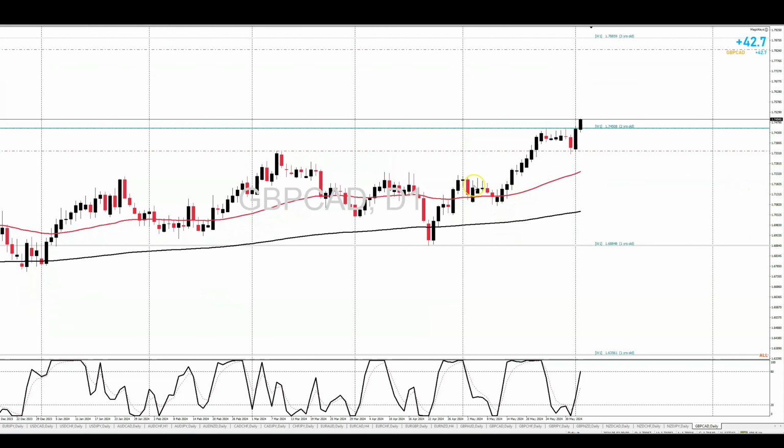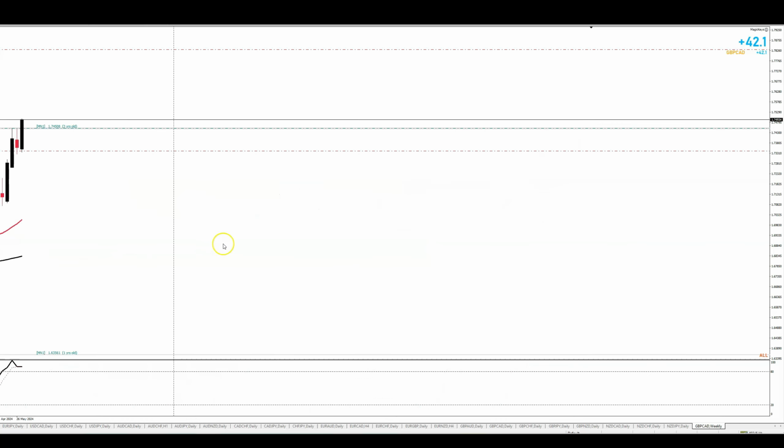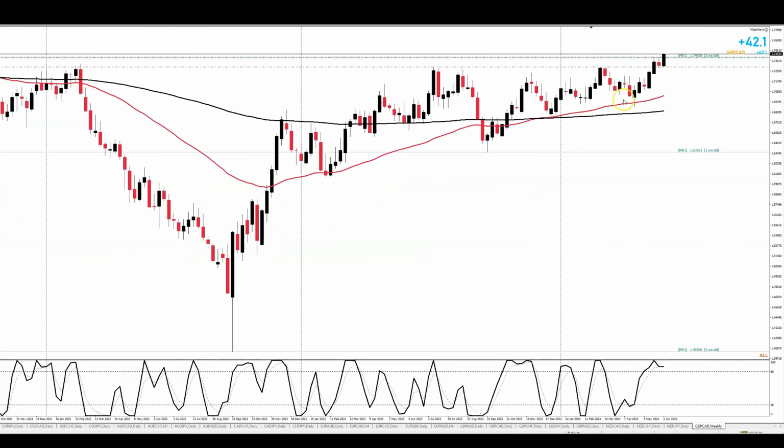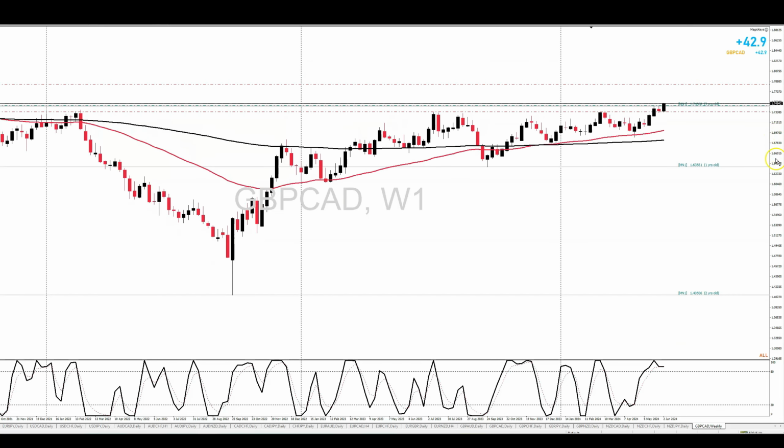For this month, from this line to that line represents the month of May, right? I know we're in June now, but it represents the month of May, and price is going up, up, up and away, right? So same so far for the week in June. The first week coming into June, price is moving up, right? So that's why we're looking to take buy entries, right? Okay. Now, that is why we took that trade.